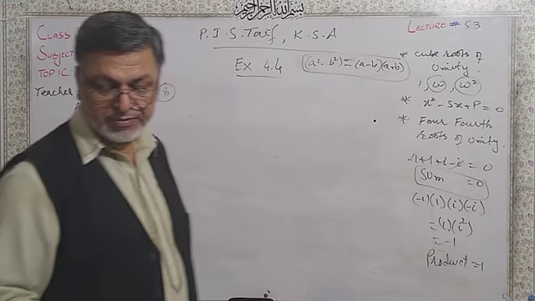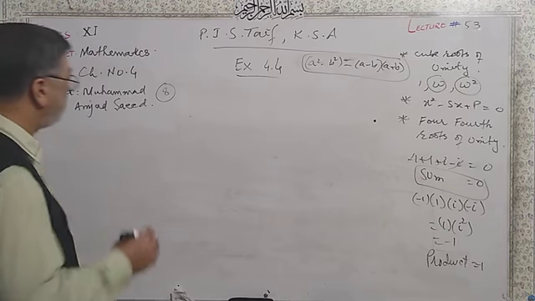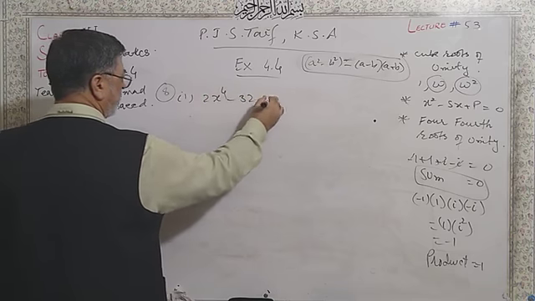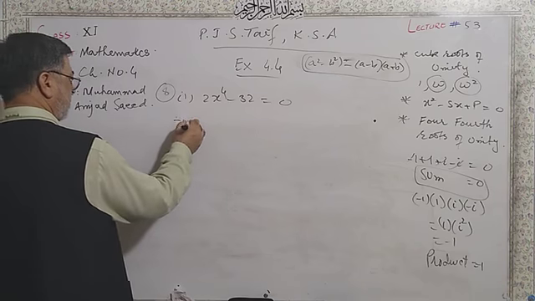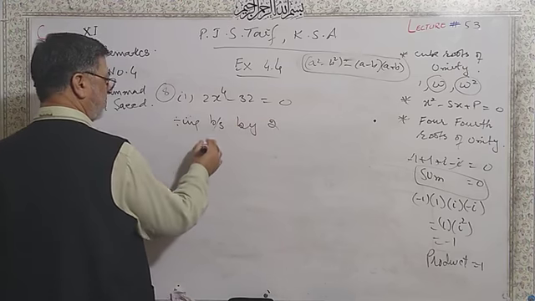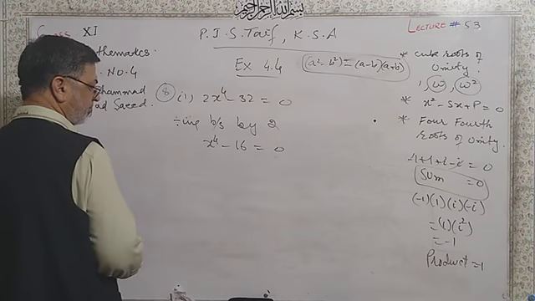After that, we have solve the following equation. Number 1, 2x^4 minus 32 is equal to 0. Dividing both sides by 2, this is x^4 minus 16 is equal to 0.